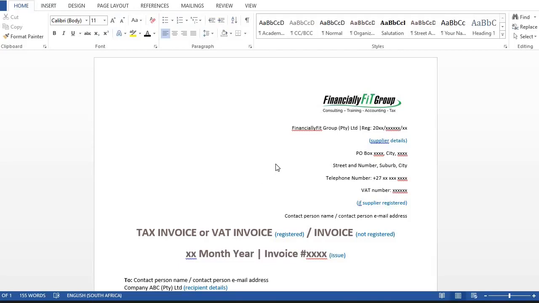I want to take you through this example of what the requirements are that any invoice should comply with in order for the invoice to be regarded as a valid invoice for tax purposes.